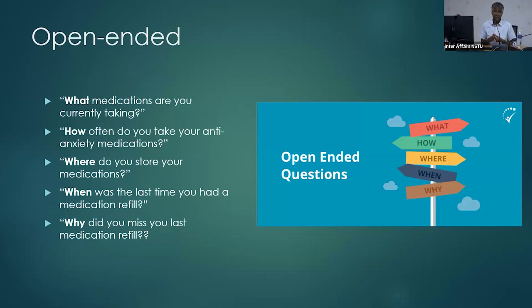If I'm asking a group of patients in a clinic who might have a variety of different diagnoses, and we can't be certain, we would use an open-ended question: what medications are you taking?